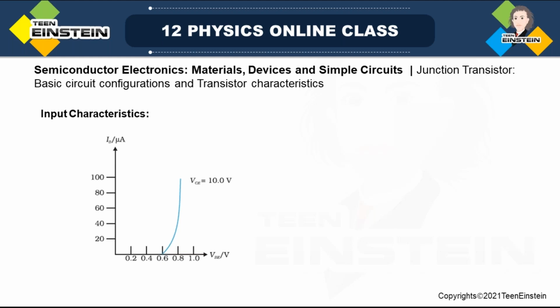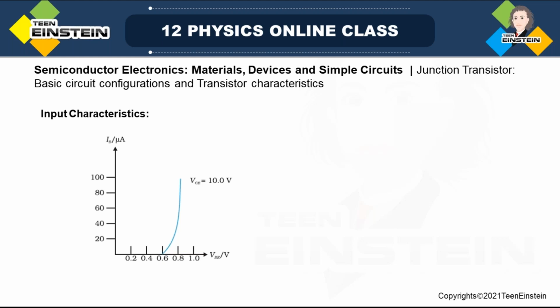They are called the input characteristics of the transistor. And you can see that only one curve has been drawn. I'll discuss why one curve and why VCE has to be constant. Those things we'll discuss now.